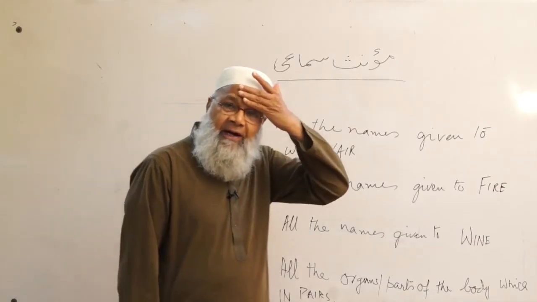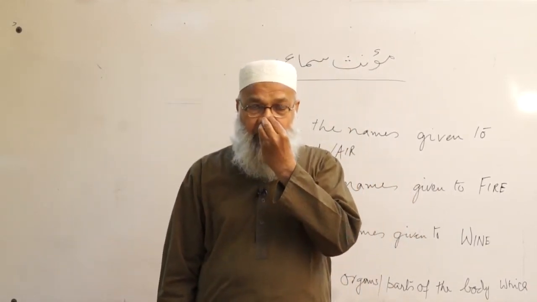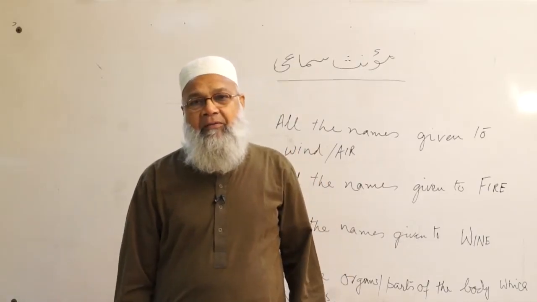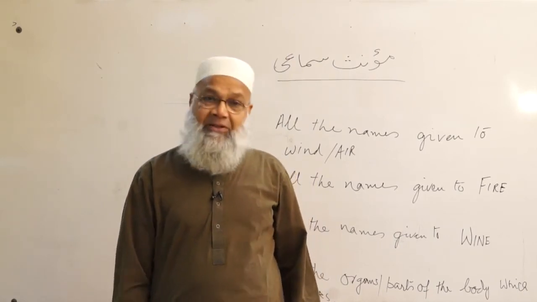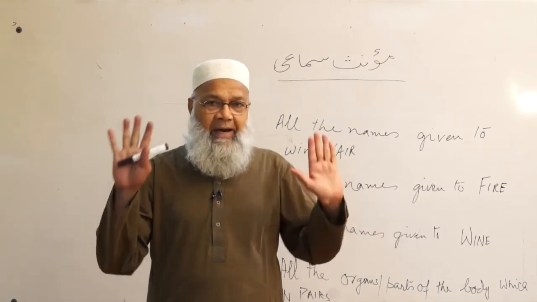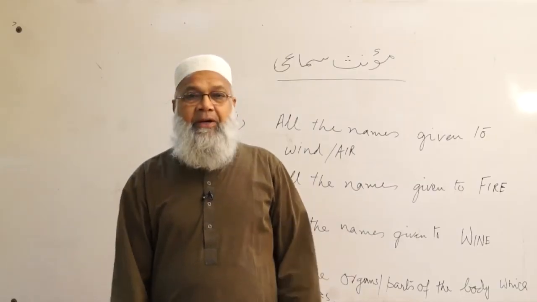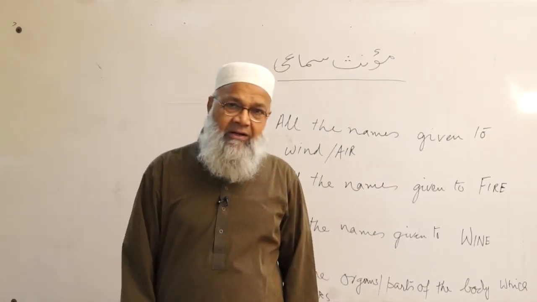We have one forehead, one chin, one mouth, one nose, one head, one chest. So they would all be treated as masculine. Whereas we have hands in pairs, eyes in pairs, ears in pairs, feet in pairs, etc., etc. So they would all be treated as feminine.